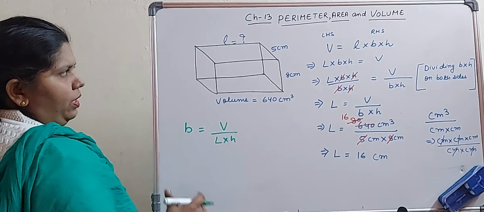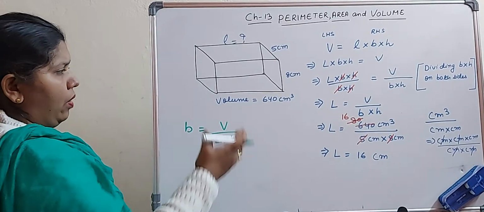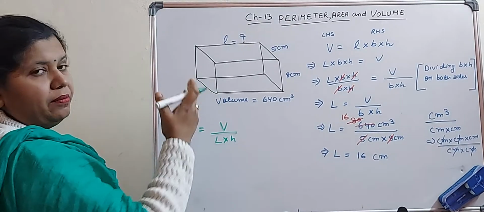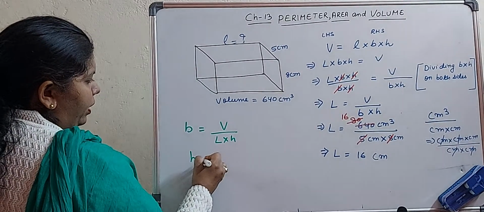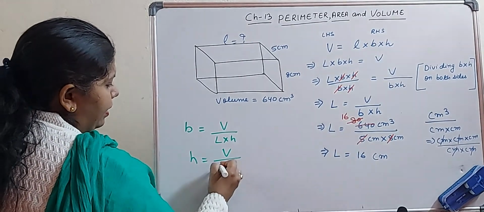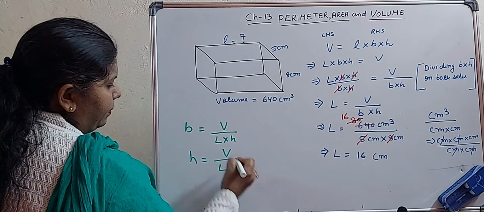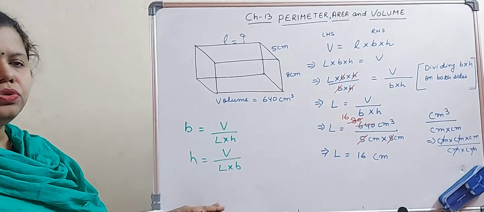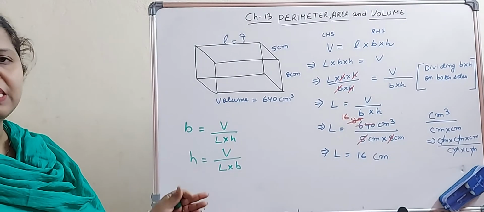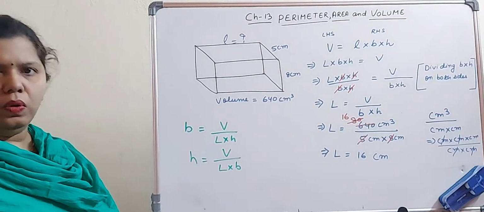And suppose I have to take out height of the cuboid when our volume is given, length is given and breadth is provided, in that case H equal to V by L into B. So, you have to remember these formulas in order to solve different type of questions as provided to you.